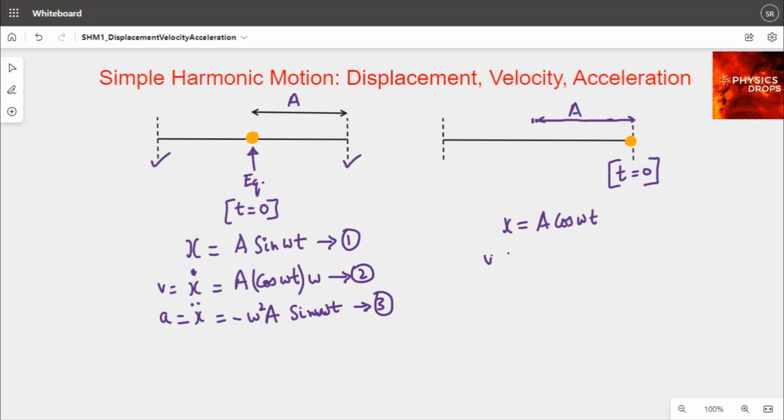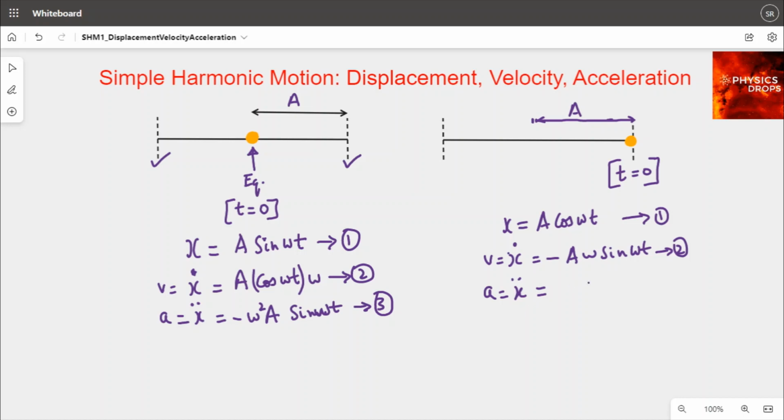So if we again look for velocity when we start to measure at the right extreme, we differentiate displacement, and cos ωt differentiated is minus sin ωt. So we get minus a ω sin ωt. This is equation 1 here, this is equation 2 here, and then acceleration is given by the double differentiation of displacement, which is the rate of change of velocity.